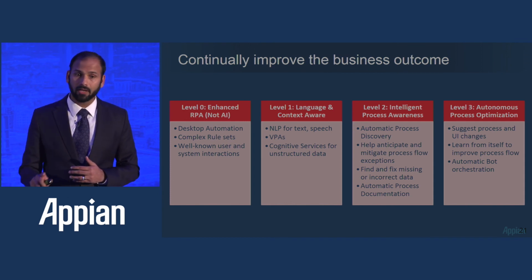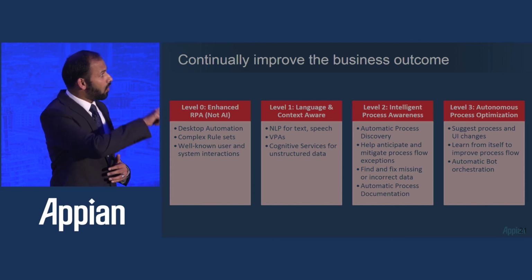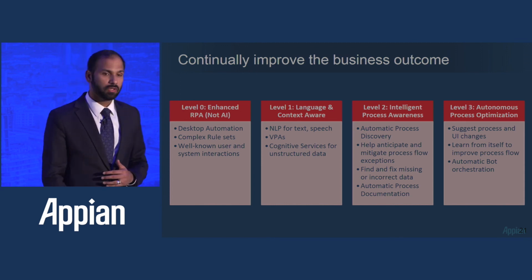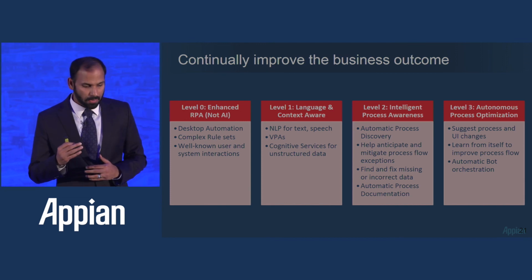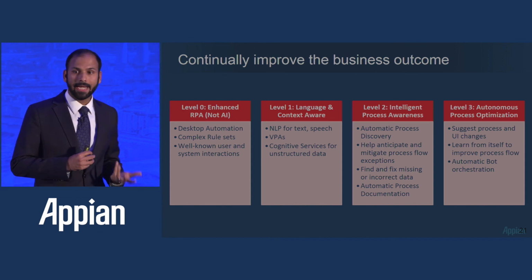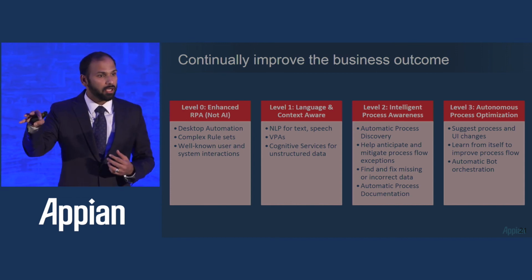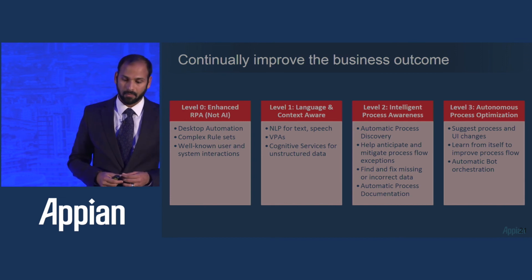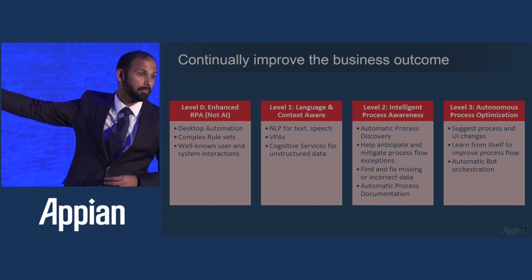But what the real visionaries in this space are doing are level 2 and level 3. The ability to automatically discover what process needs to be automated. What is the ideal candidate for me to automate? Finding the missing link within your process and automating that. And level 3 takes you to suggesting the candidates for automation.